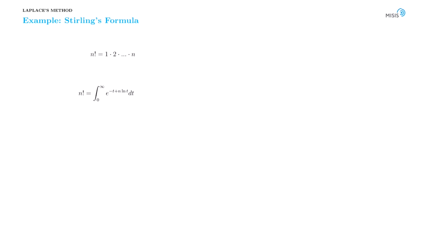So in order to understand the properties of this factorial function at large n, we will use the integral representation of this function. In fact, this representation was derived for you in one of the previous lectures. And in order to make this more obvious, I will rewrite this integral here in a bit different way.